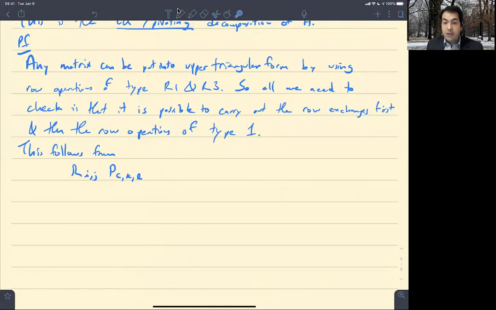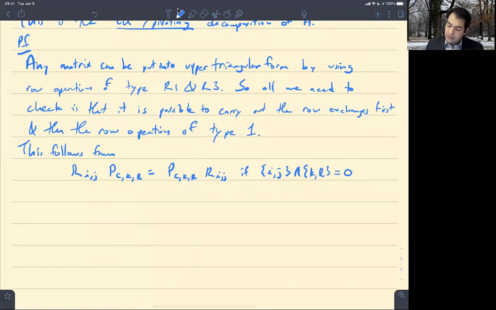Maybe not using the same matrices, but still row operations of type R1 and R3. So there are several cases, but you can see that, well, the simplest case is if I, J, K, and L are completely different, then these two operations just commute.